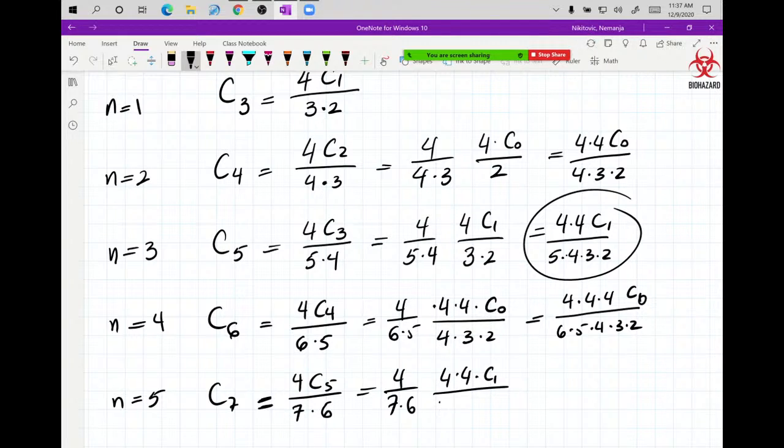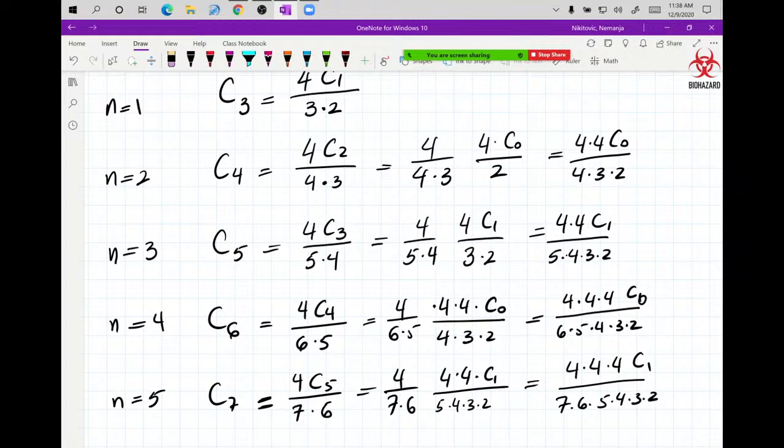This is C1, and then I have 5 times 4 times 3 times 2, which is 4 times 4 times 4C1 divided by 7 times 6 times 5 times 4 times 3 times, kill me now, 2. There we go. You have to do this every single time because you are looking for coefficients, and the coefficients will tell you what you have at the end.